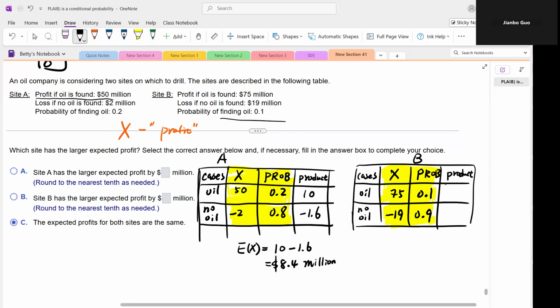To find the product, we multiply 75 by 0.1, that is 7.5. We multiply negative 19 by 0.9, that is negative 17.1.